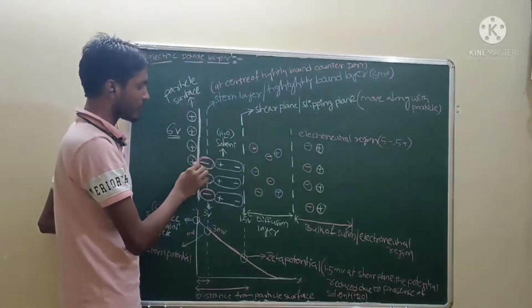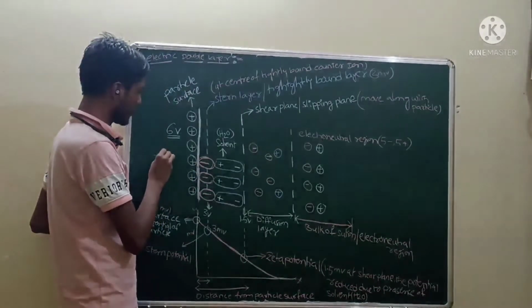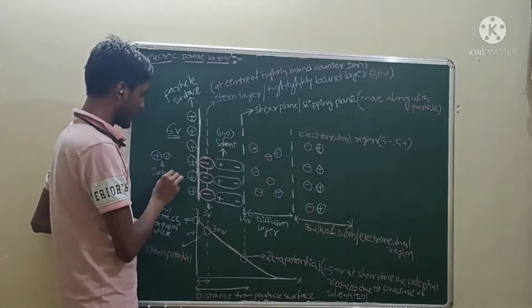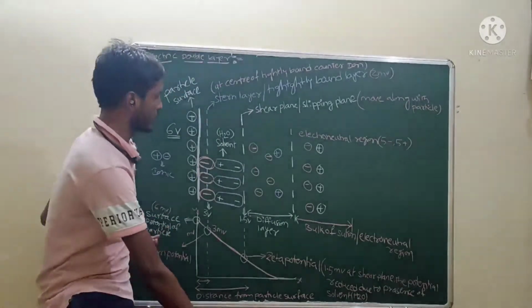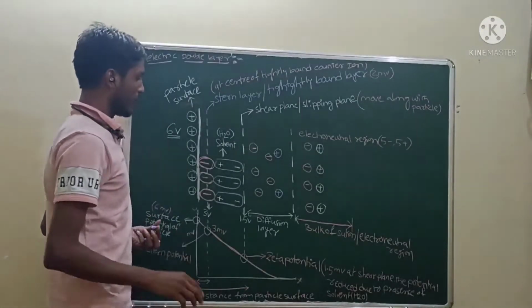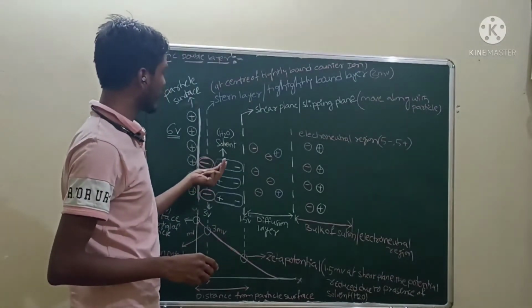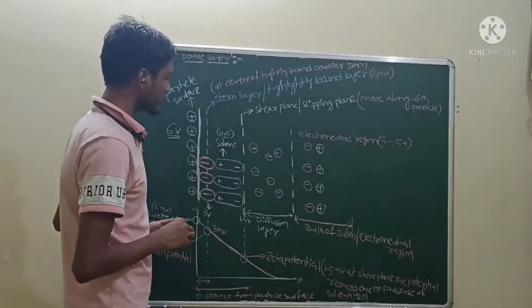There is a formation of bonds: an ionic bond is formed between the positive and negative charge. Here ion dipole attraction is there.